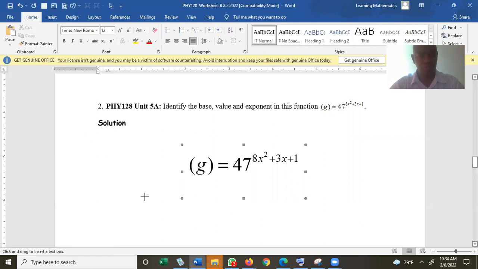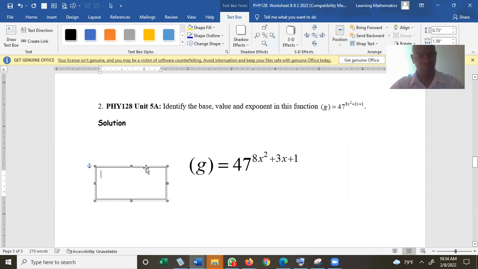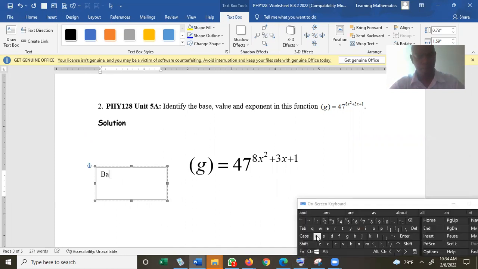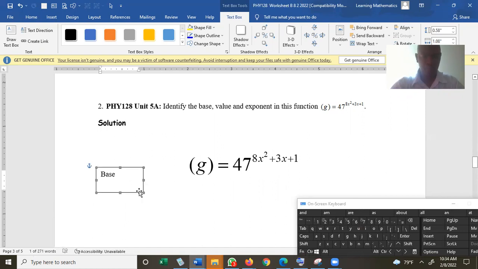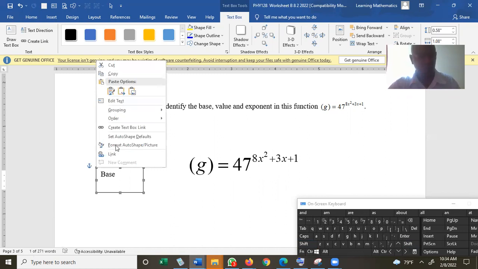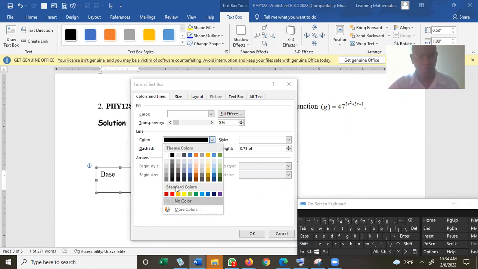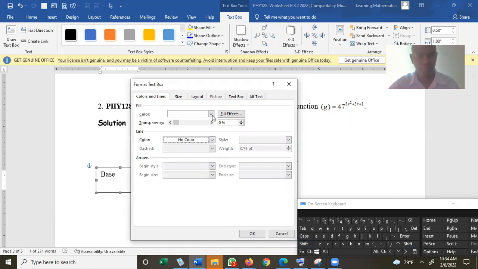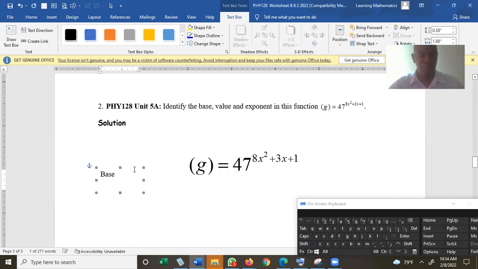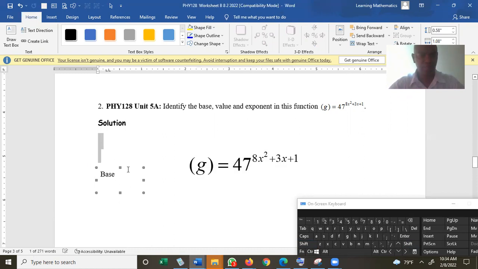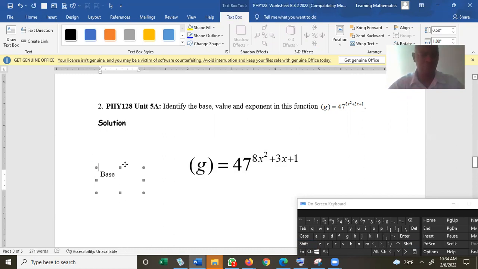So we need 3 text boxes, one for the base, you can put this as no line and no filling also. One for the base, one for the value.